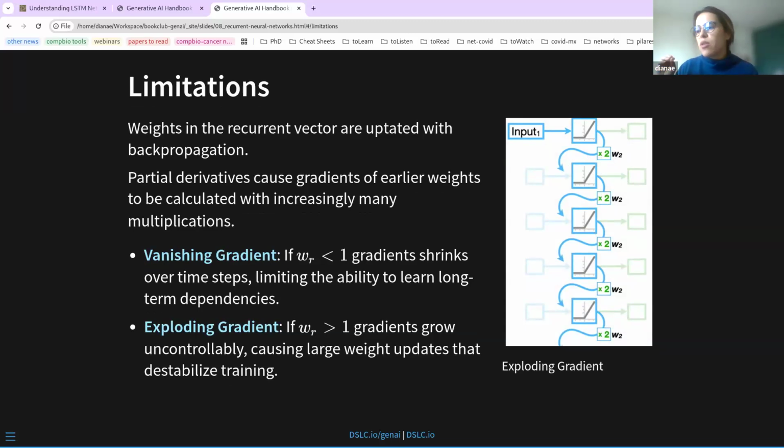That's called the vanishing gradient, and it limits the ability of the network to learn long-term dependencies.